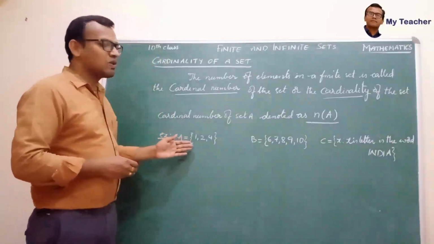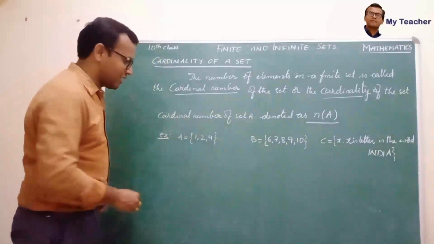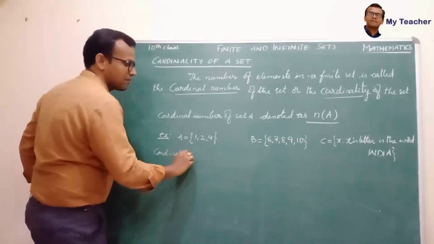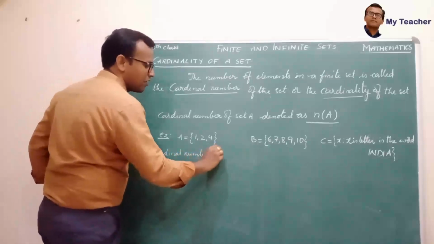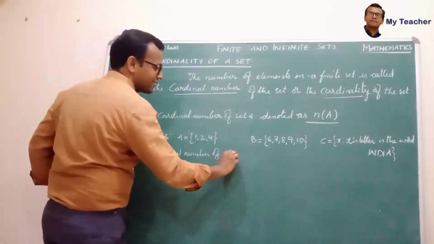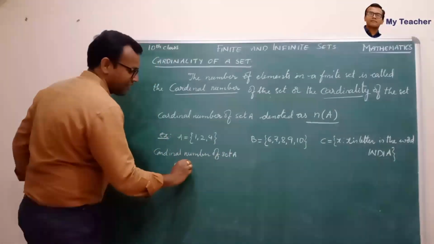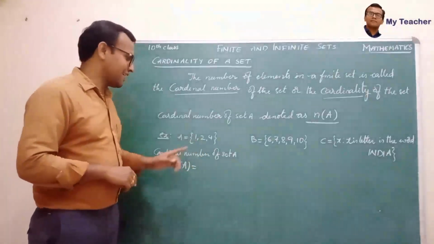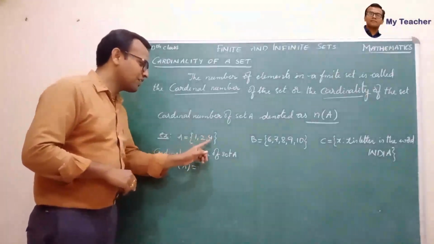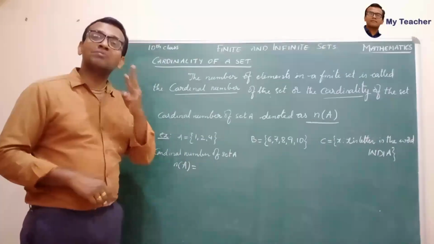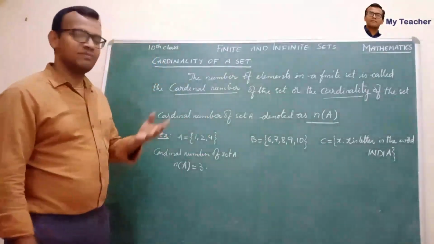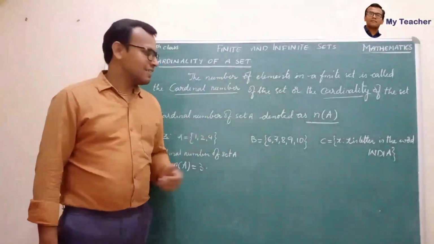Suppose A is equal to the set {1, 2, 4}. Now the cardinal number of set A, n(A), is equal to how many elements are present in set A? 1, 2, 3. So the cardinal number of set A will be 3. That's it. As simple as it is.